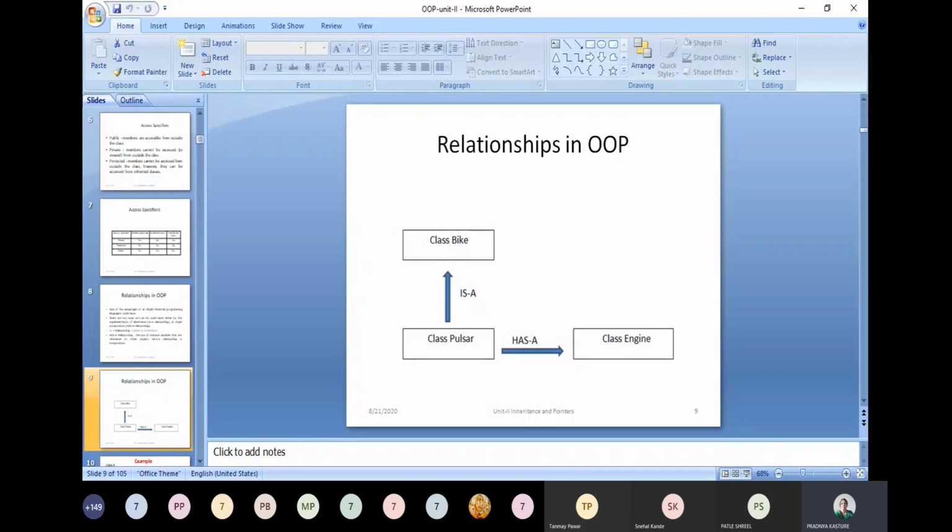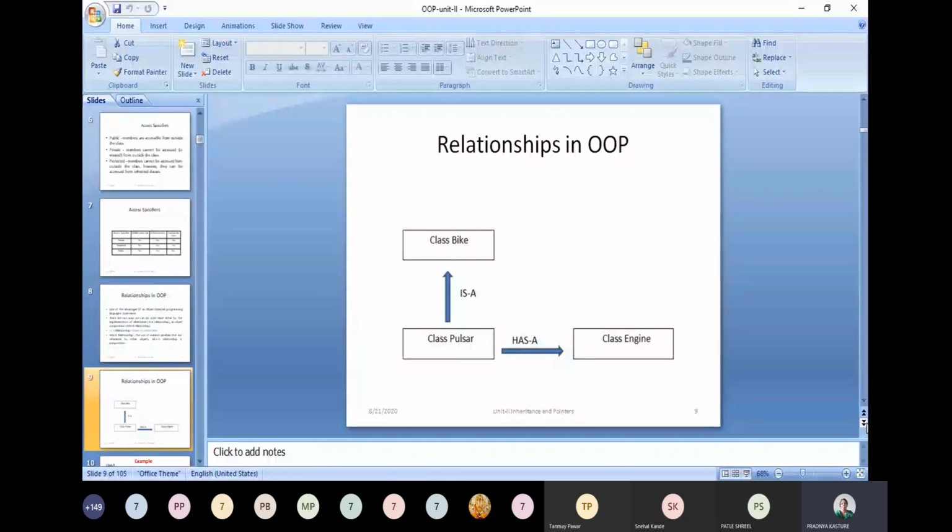There is a class bike. In this example, which is our base class? Our base class is bike, right? From that bike, we are going to derive one class, that is class pulsar. Class pulsar gains the properties of the base class bike.